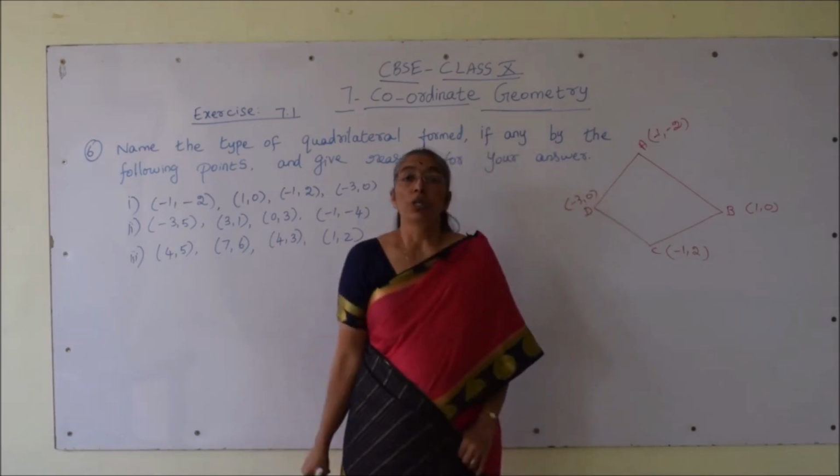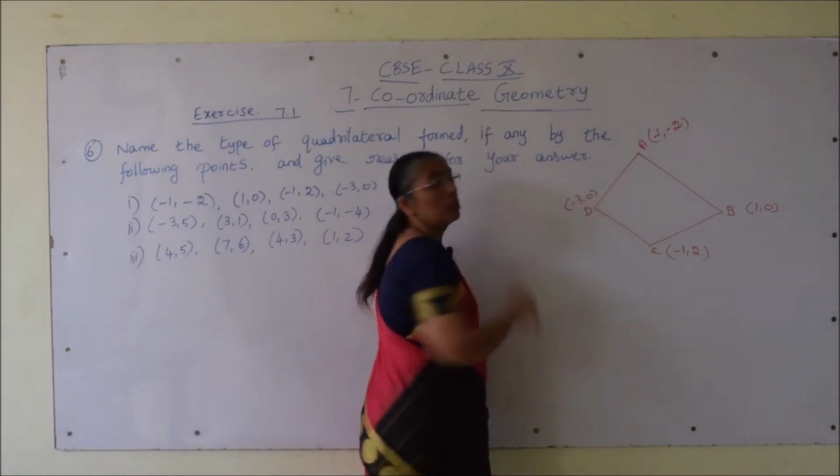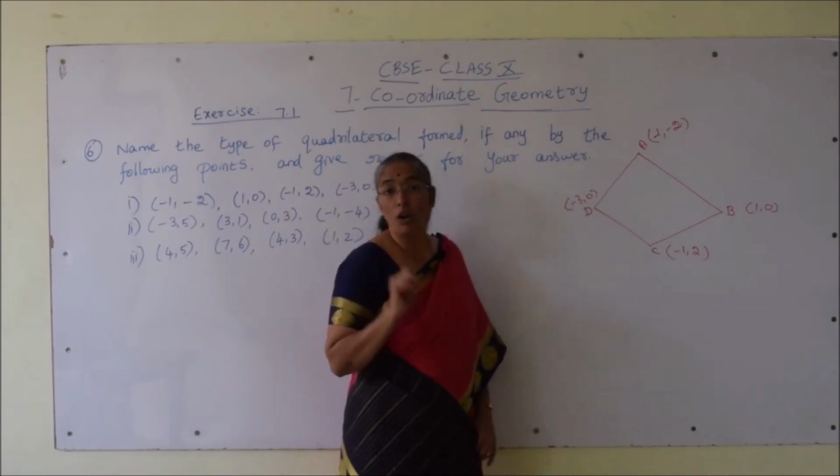Now, any closed polygon with 4 sides is called a quadrilateral.